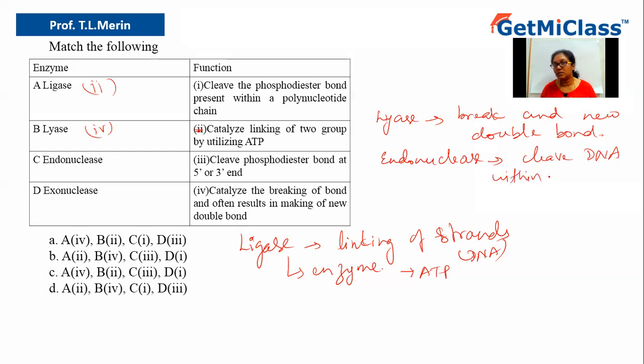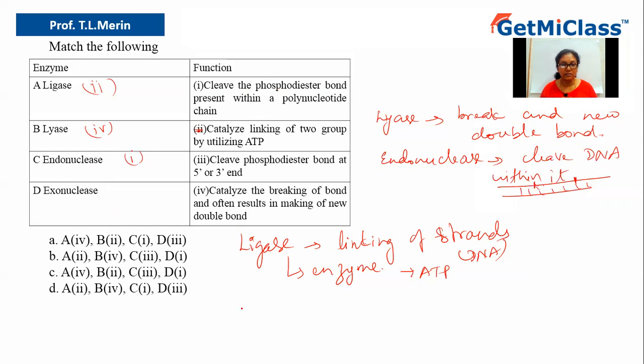That means, suppose this is the double strand DNA, it will cleave anywhere within the DNA. Of course it will cleave the phosphodiester bond, because the phosphodiester bond, the sugar phosphate bond, is the backbone. So C will match up with the first one, which is cleave the phosphodiester bond present within the polynucleotide chain. Hence this is first one.